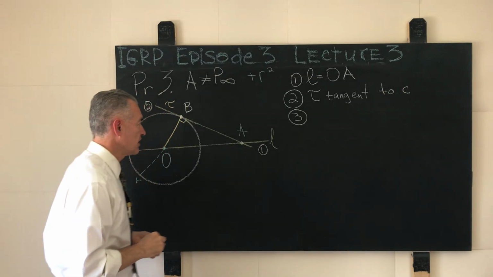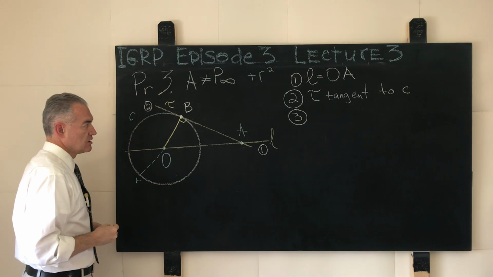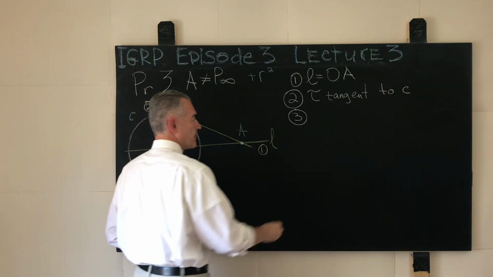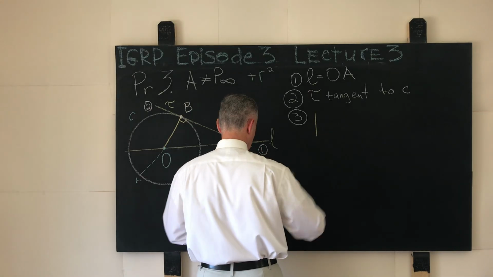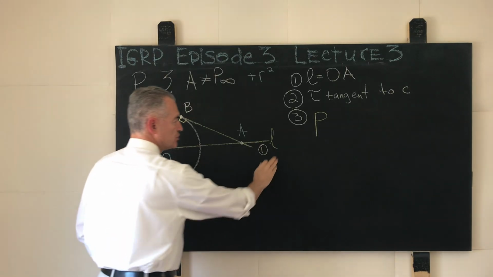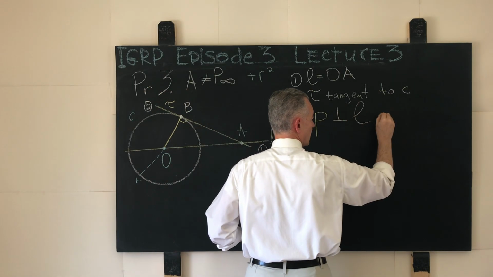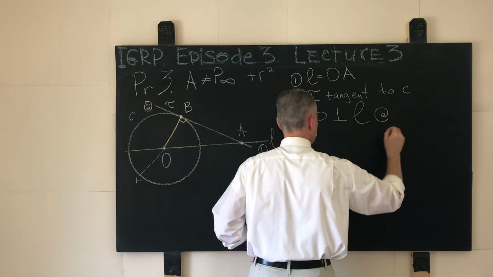Well, if you did not solve this problem correctly on your own, you should see what the third and the final step here is. We construct a straight line. We'll name that line P, perpendicular. To what? To the straight line L constructed in the first step, through the point, which one?